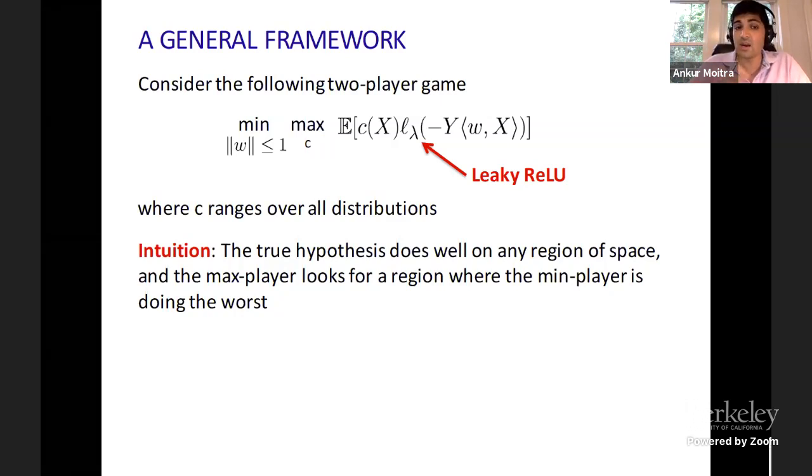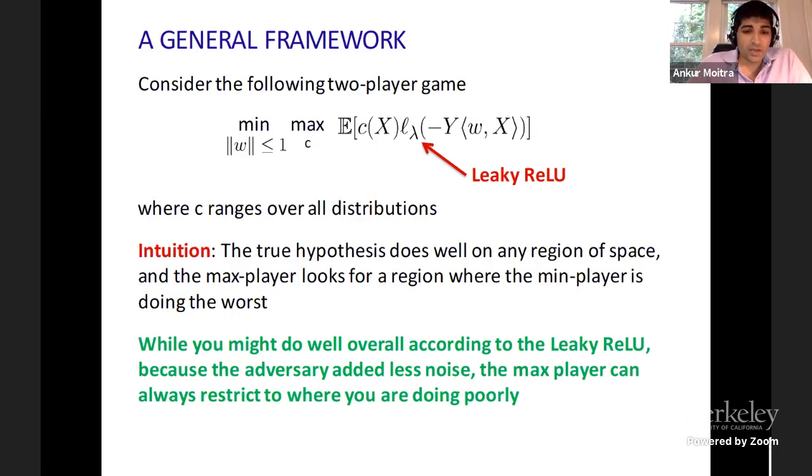Now, they might not be entirely random, because remember the second interpretation of the Massart noise model was that a random eta fraction of the data is where the adversary chooses where to add the corruptions, whether to make the label +1 or -1. But the key point is that it's somewhat homogeneous over space where those corruptions could be, at least in principle. So the intuition is that this max player is going to choose some distribution that hones in on the part where your current hypothesis is doing really poorly.